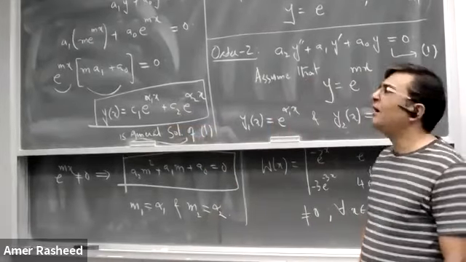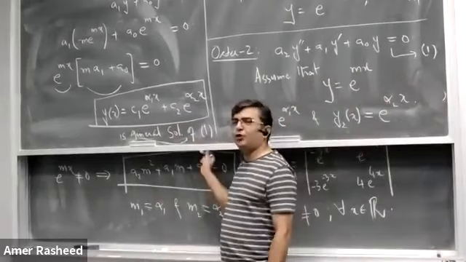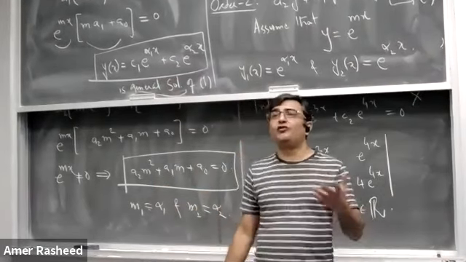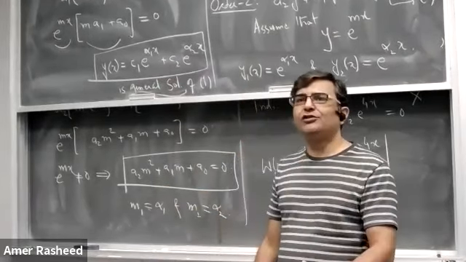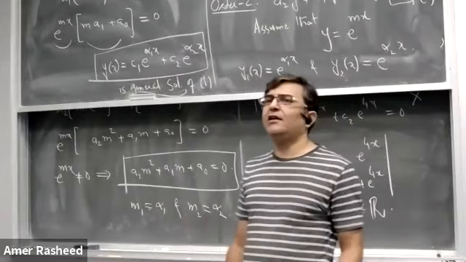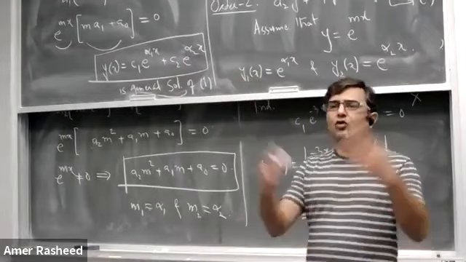Okay? If you have a fourth order ODE, then you will obtain a 4th degree polynomial in m, which will have at most 4 roots. You'll get 4 solutions. You can write the general solution by verifying whether the given solutions form the fundamental set of solutions, and so on.